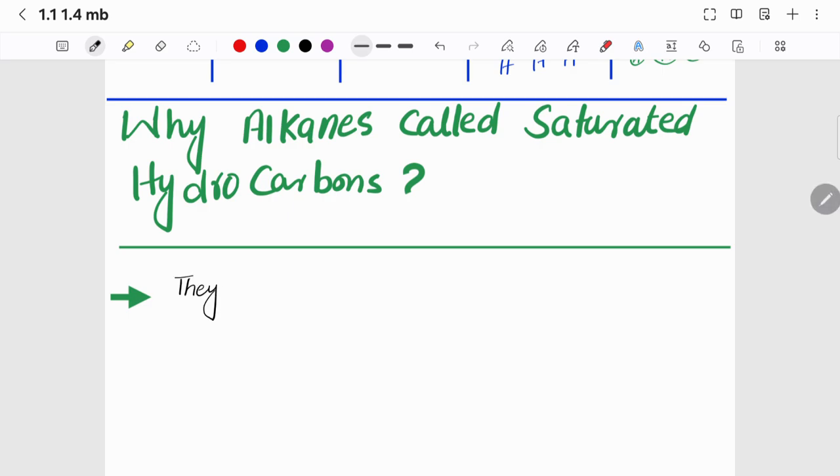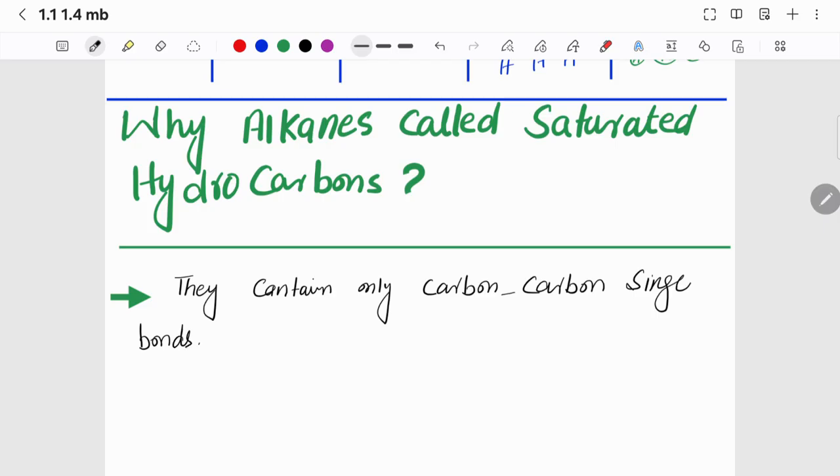So, as a first point, I can write they contain only carbon-carbon single bonds that we have already discussed in the start of this lecture.